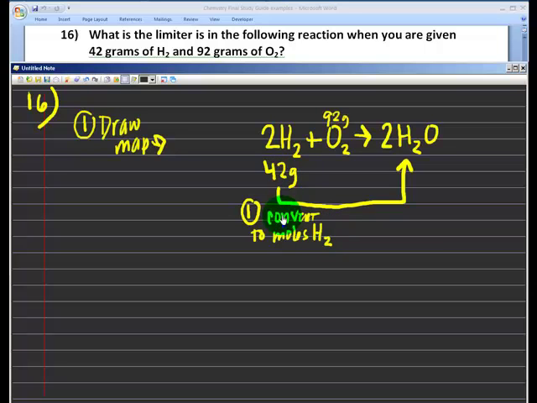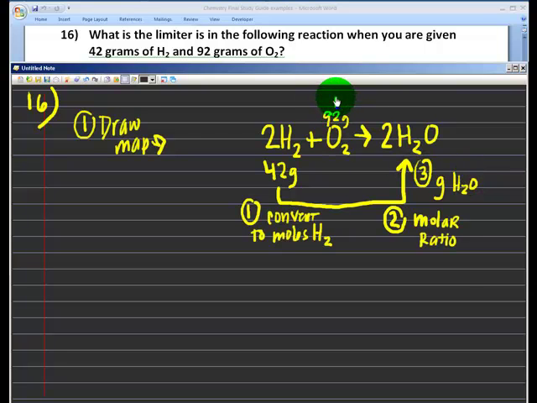We want to convert to moles because we want to know how many molecules of H2 we have in 42 grams. We want to know the number of things, not how much it weighs. Step 2 would be your mole ratio. And finally, step 3 would be grams of H2O, so we convert back to grams of H2O.